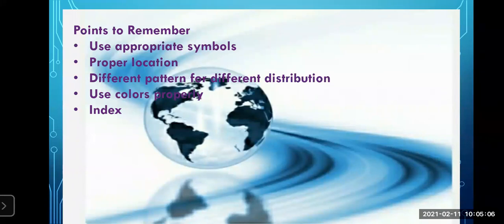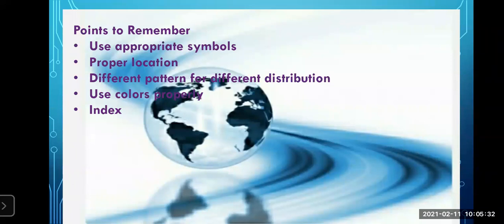So to avoid this confusion while data reading, use a different pattern for different types of distribution. Even when you're using a color, as I told you, go from the darker shade to the lighter shade. And once you know the proper direction, then you will be able to feel this map.